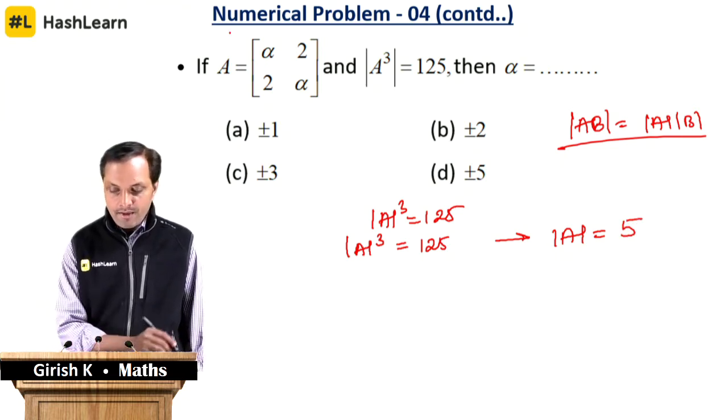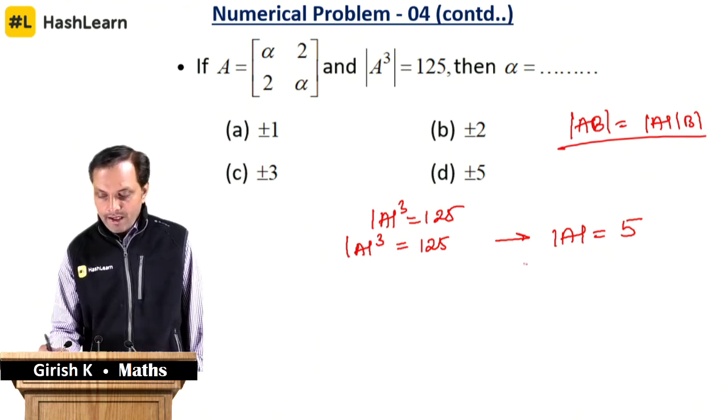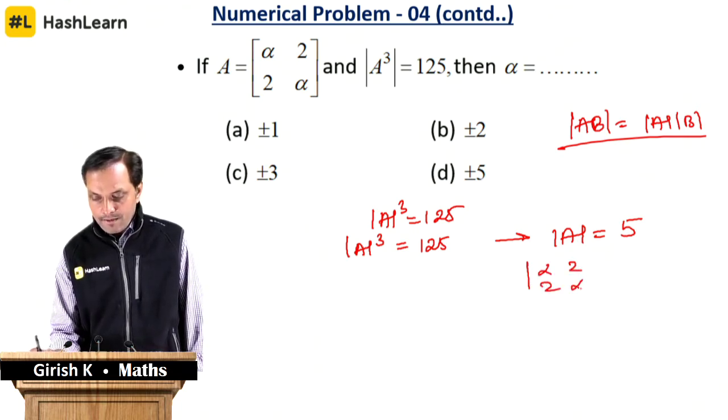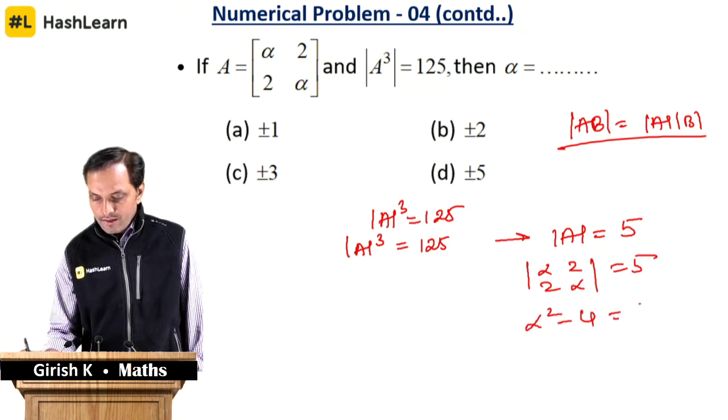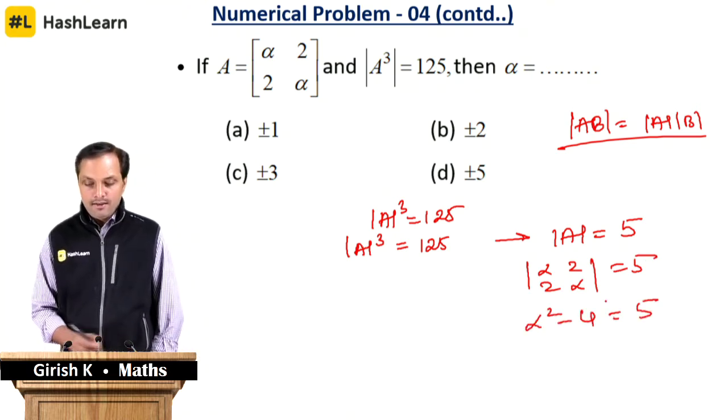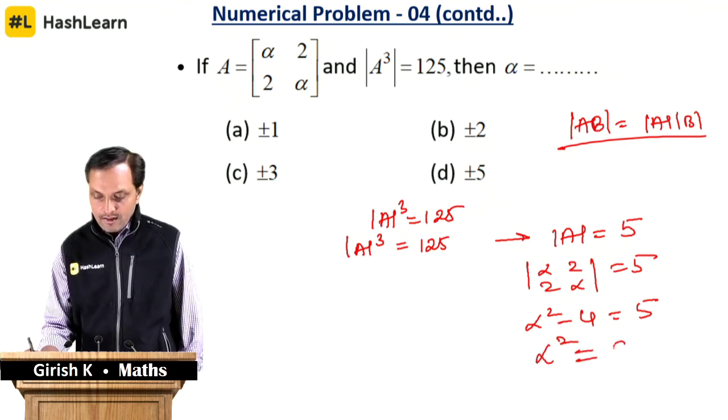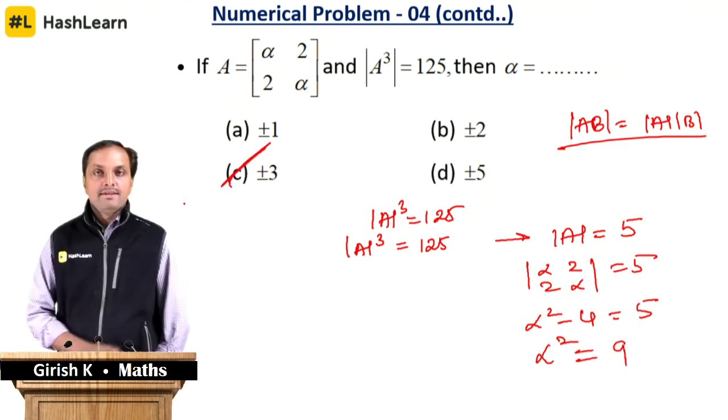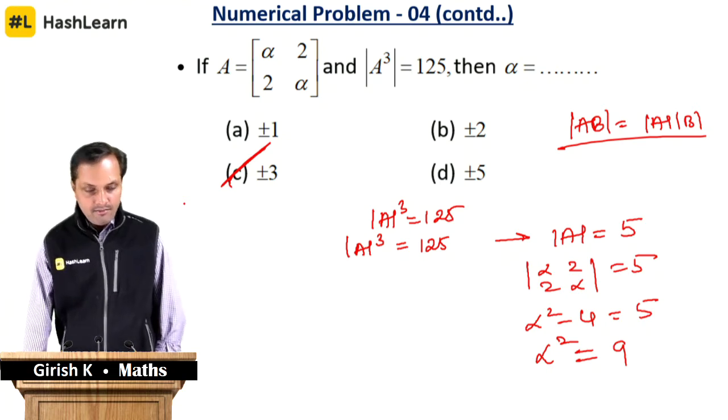So what is determinant of A here? Determinant of A is alpha 2 to alpha is equal to 5. So alpha square is equal to 9. So alpha is plus 3 and minus 3.